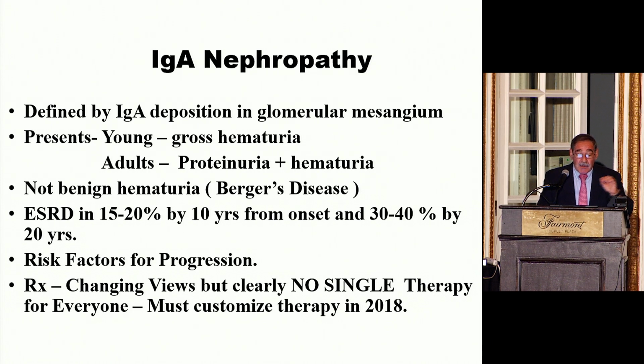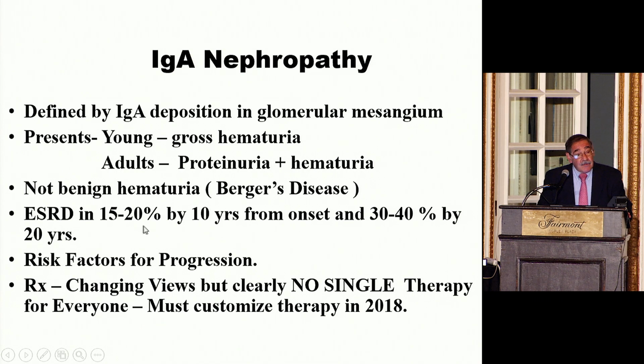So it's either the dominant or codominant immunoglobulin. In young people, it presents like this: gross hematuria after a sore throat or after exercise, etc. In adults, many cases come because of insurance physicals or routine checkups where they find proteinuria, they follow the patient, and all of a sudden it gets to levels where you get a biopsy. It is clearly not the benign recurrent hematuria that Berger described.